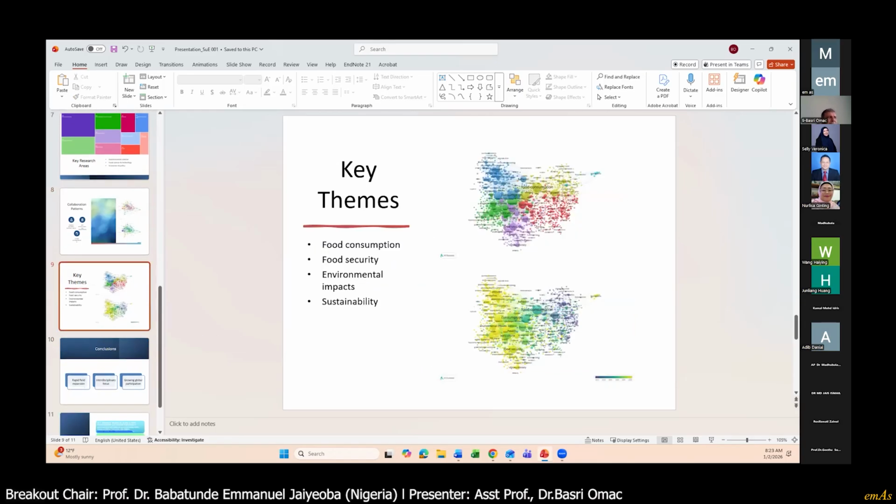The main point we are looking for is the keywords, the keywords used in these studies. The keyword occurrence analysis provides a comprehensive view of the thematic structure of sustainable research in the food industry.